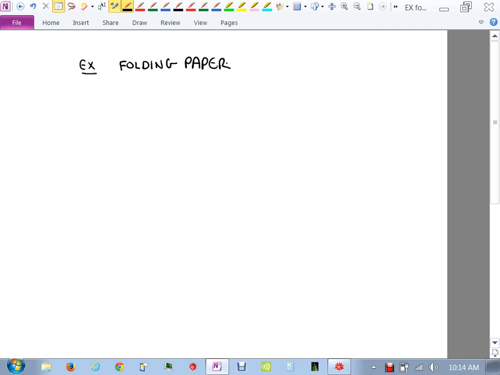But let's look at why that's happening, okay? So what I'm going to do here is I'm going to look at the number of folds, and then the thickness. And in the thickness, I'm going to be putting it in the number of pages.